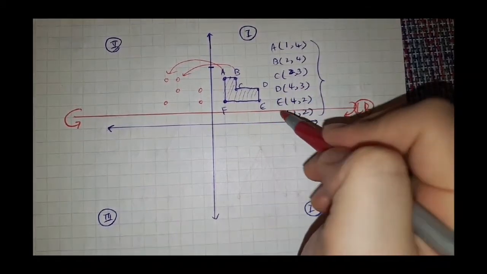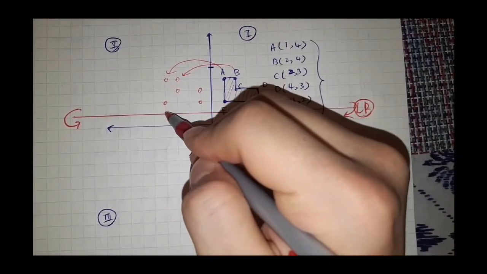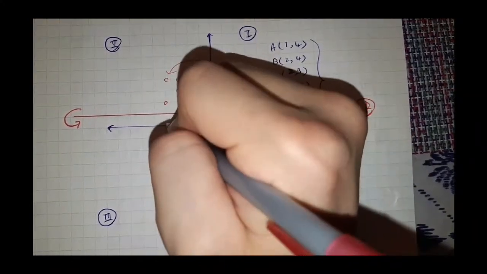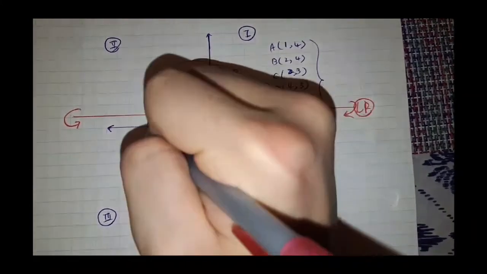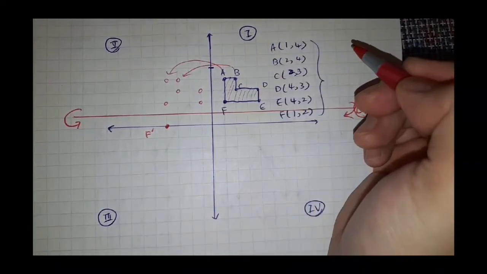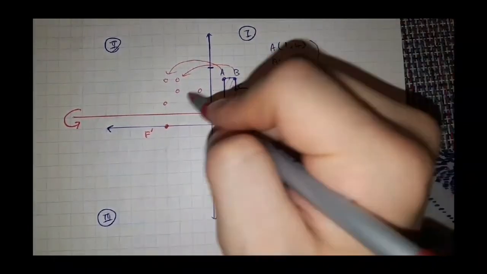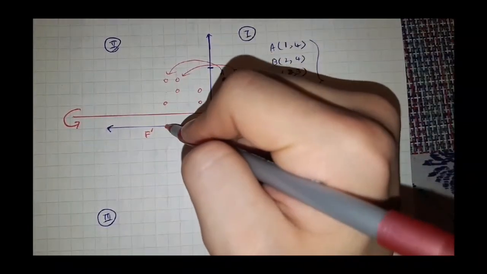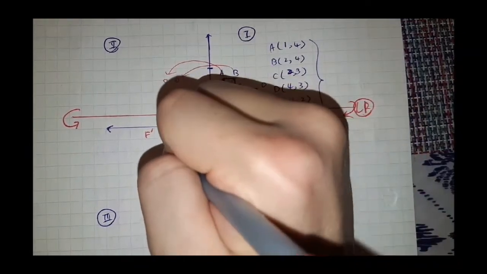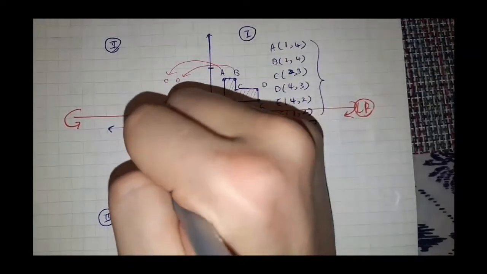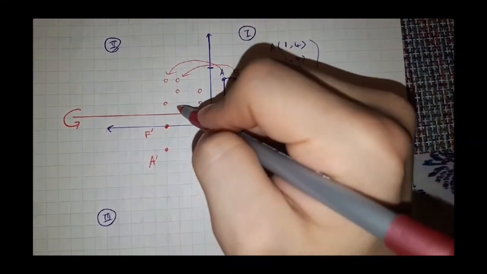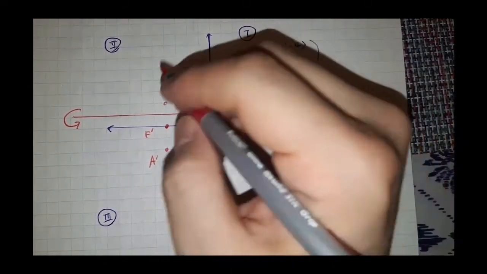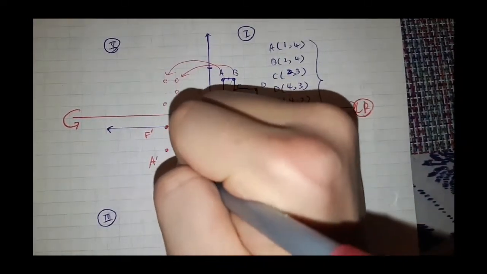Let's do F. F is the closest point over here. It's 1 up, so the reflected F will go 1 down. When it comes to A, 1, 2, 3 up, then 1, 2, 3 down. B, 1, 2, 3 up, 1, 2, 3 down.